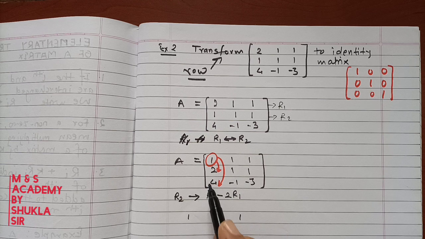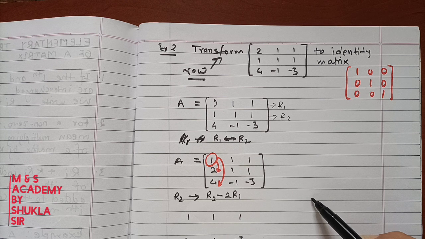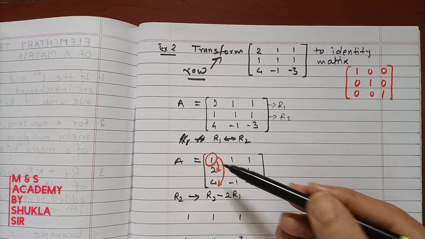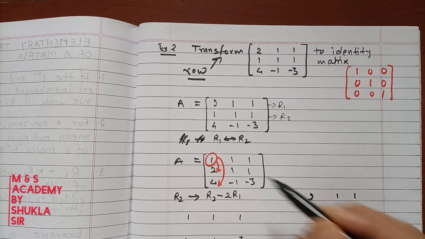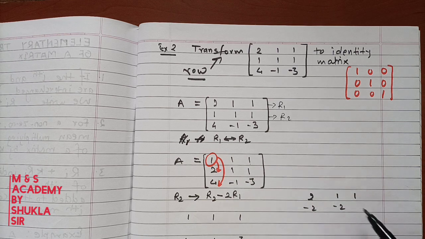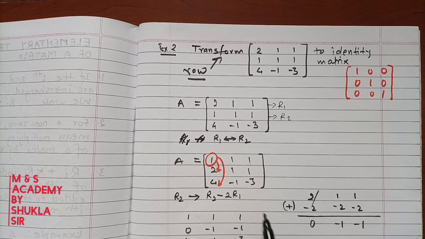First row as it is, third row as it is, only the second row is going to change. Now write down the R2 elements roughly, 2, 1, 1, and perform minus 2 times R1. So this is minus 2, this is minus 2, this one is minus 2. We'll add this, so plus minus gets 0. This one is minus 1, this one is minus 1. So we'll write 0, minus 1 and minus 1.